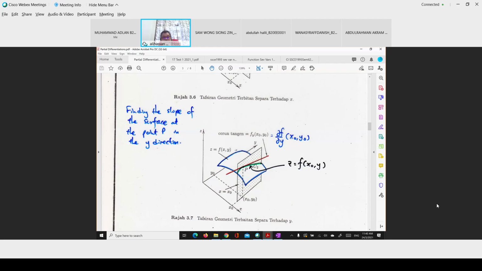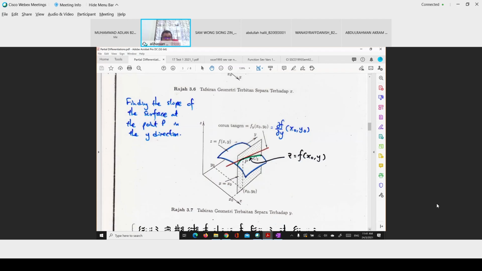On this curve, x remains constant, x equal to x naught, but y varies. So we denote the slope as f partial y at (x naught, y naught). This is the notation used for finding the slope of the surface at the point P in the y direction. So that's the geometrical interpretation of partial derivatives.